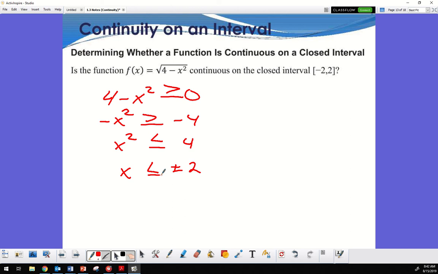So mathematically, is it going to be continuous on that interval? Think about it on the interval. So x is going to be less than or equal to plus or minus 2. On a number line, I have -2 here and +2 here. So I have two numbers here, right?